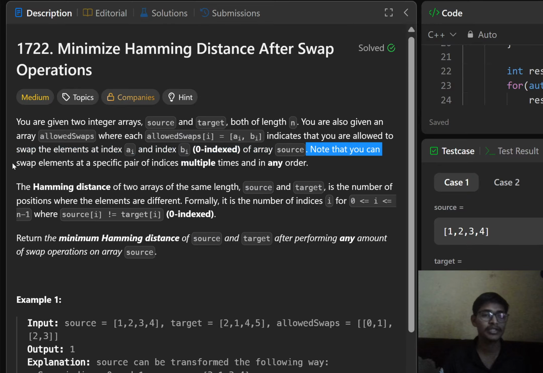Note that you can swap elements at a specific pair of indices multiple times, in any order.